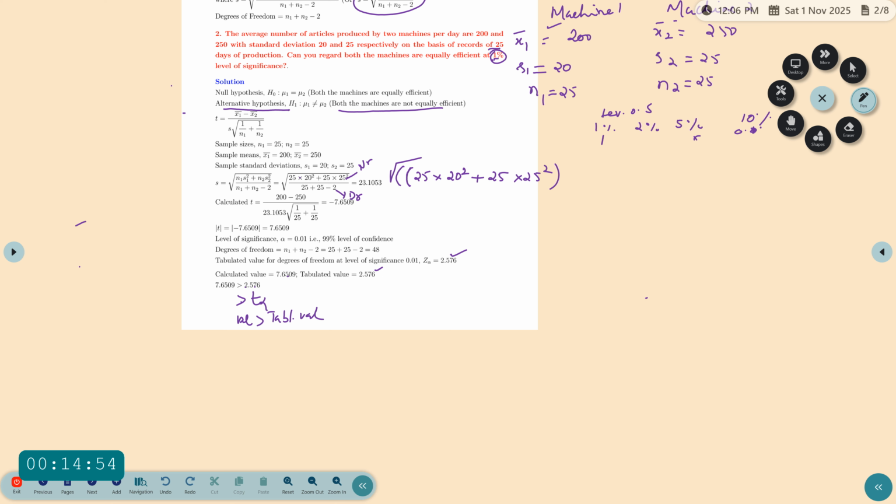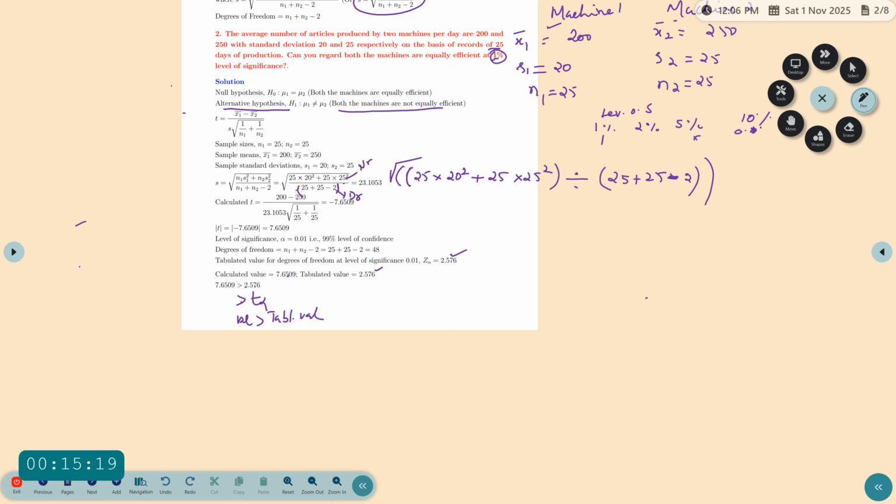Then the division symbol comes, use the division symbol. Again the denominator starts, so make a bracket here. What is written in the denominator? It is 25 plus 25 minus 2. So the numerator ends, the denominator ends, close it. Before the square root we start an open bracket.